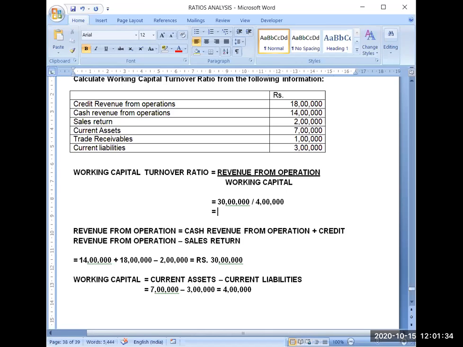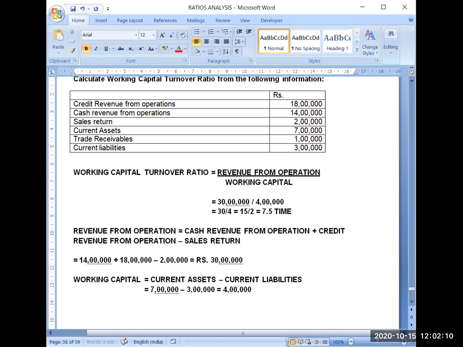In the numerator there are 6 zeros and in the denominator there are 5 zeros, so 5 zeros will be eliminated and only 30 upon 4 will remain. Now it has been made very easy and you can calculate it directly. But even if you are not comfortable, you can further cut it with the common factor. It can be divided by 2, so it becomes 15 by 2. Now you can simply divide it by 2 and it will come 7.5 times.